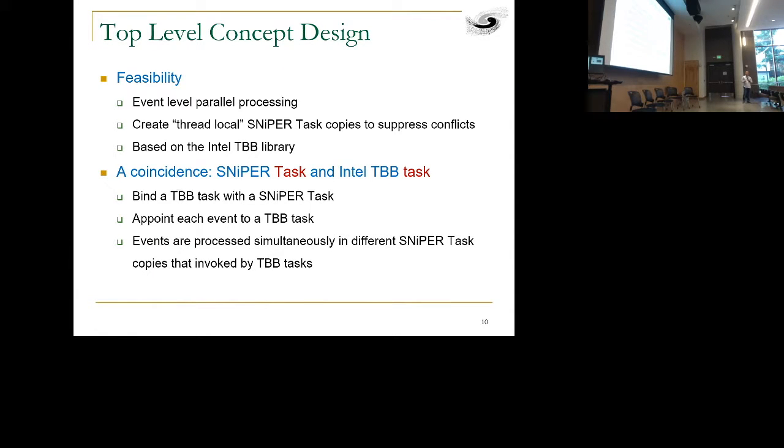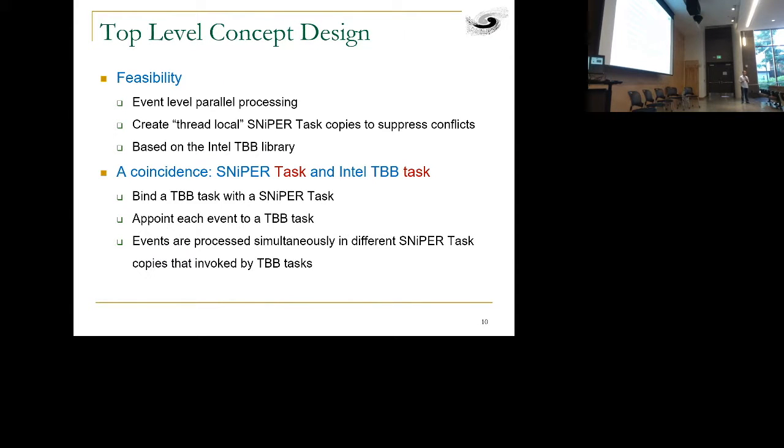We'll use event-level parallel processing, and we can create shared local SNiPER task copies to suppress the conflicts. We will implement it based on the Intel TBB library. Here we can see there is a coincidence in both SNiPER and TBB.